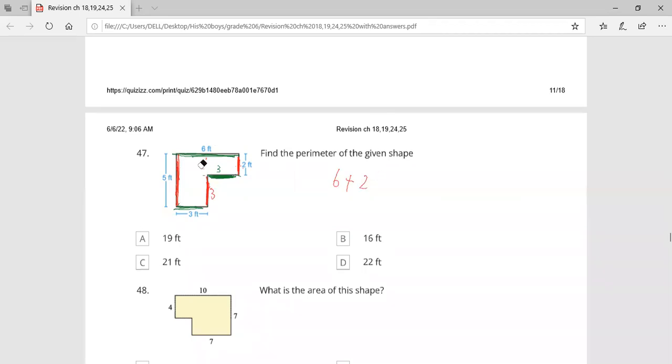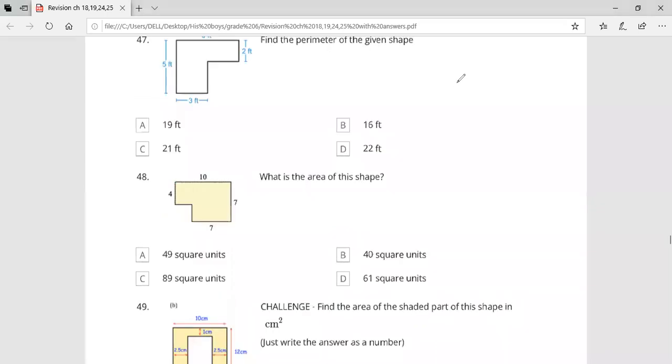The perimeter depends on addition, as we said before. 6 plus 2 plus 3 plus 3 plus 3 plus 5, and so on. It's going to be 22.